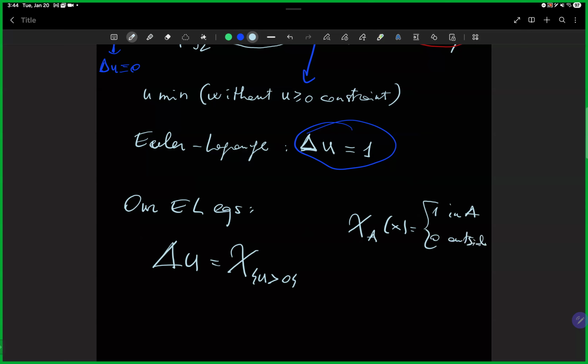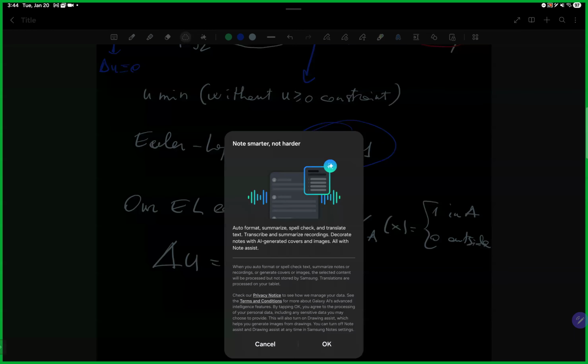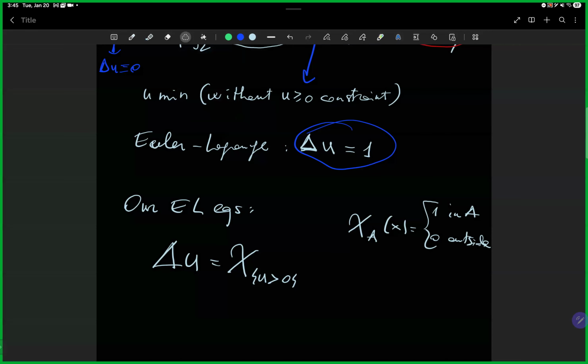So this means that if we are in the region where u is positive, the characteristic function is 1. And where u is 0, the characteristic function is 0.